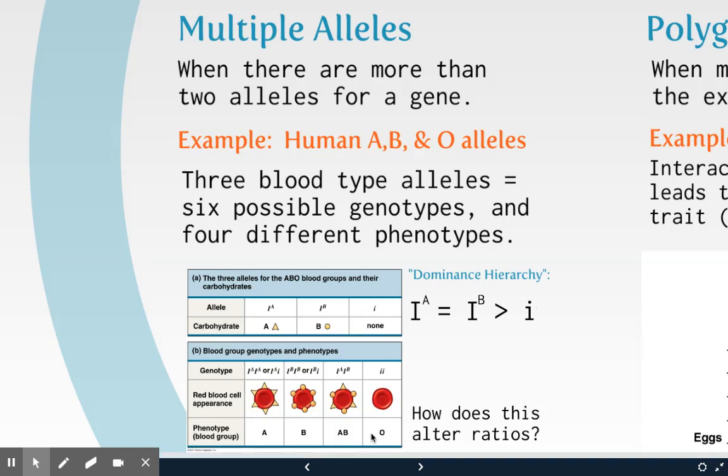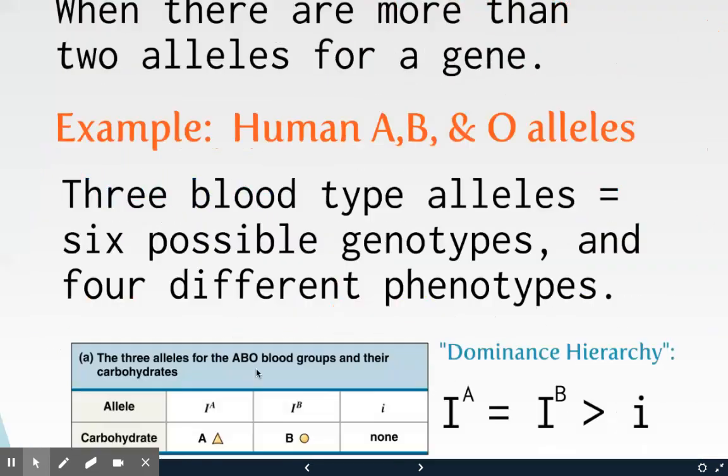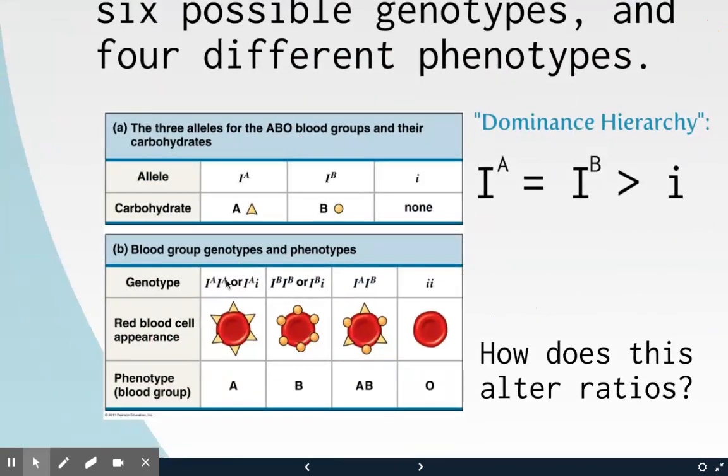So our genotypes would be right here. These are my three different alleles. If your father had type O blood, he must have given you a recessive allele, because that's all he can give you, because he must have been this genotype. If your mother was type B blood, she has a couple options, because she could either be homozygous dominant for B, or heterozygous because O is recessive.